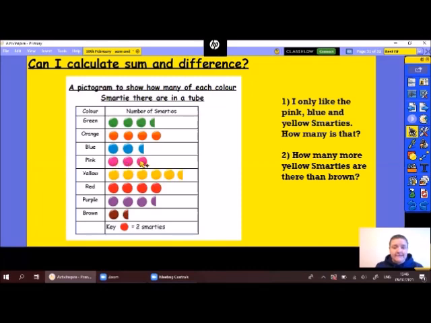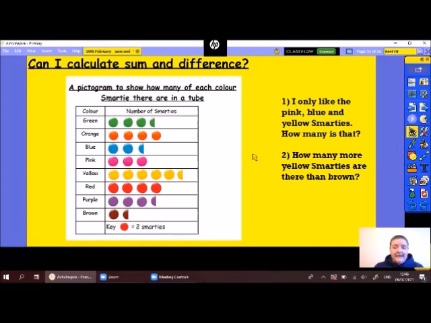So pink is 6, blue is 2, 4, 5. So 6 add 5, and yellow, which is 2, 4, 6, 8, 10, 11. So we've got 11, add 6, add 5, which gives us a total of 22.